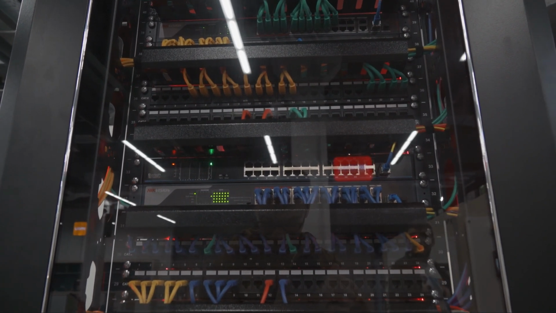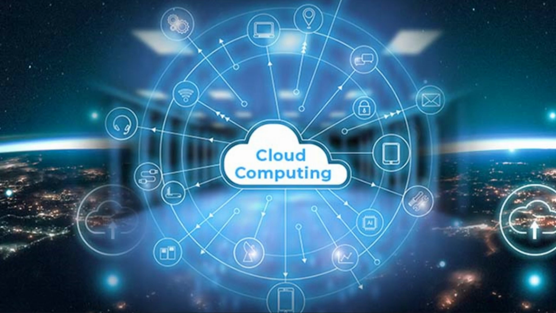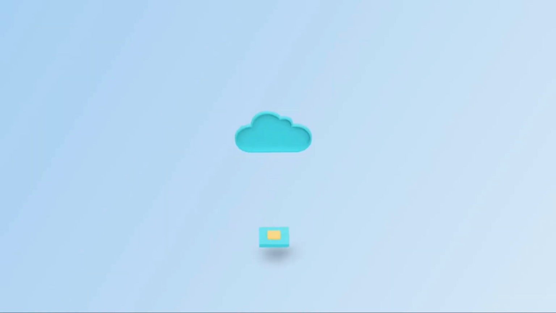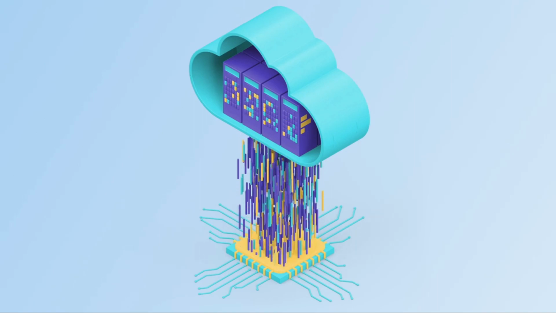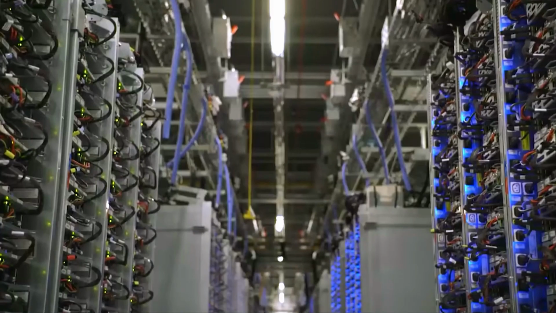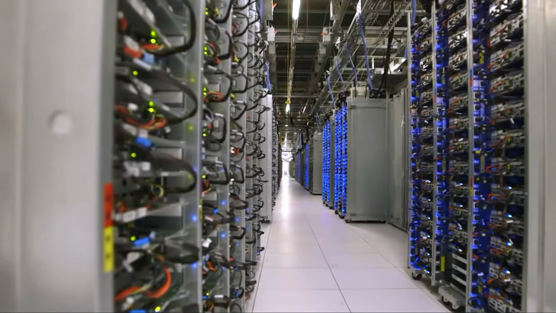In contrast, cloud computing refers to the delivery of computing services such as servers, storage, applications, and services over the internet. With cloud computing, users can access resources on demand from a cloud provider's infrastructure and pay only for what they use. The cloud provider is responsible for maintaining the infrastructure, ensuring security, and providing scalability.